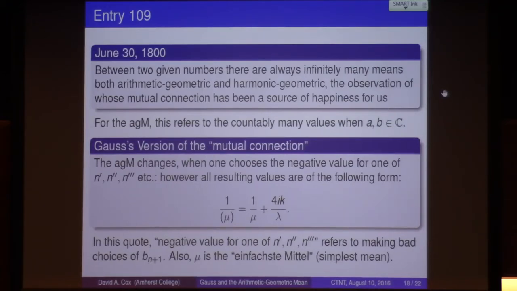And also it turns out that Gauss called that mu the Einfachste in the middle, which is the simplest mean. So that's why I call it the simplest value in my lectures, because that really is the terminology that Gauss used. So like I say, Gauss didn't have the full general theorem, but he clearly knew what was going on.